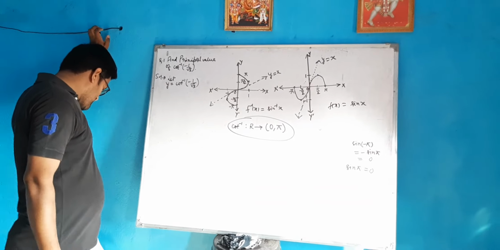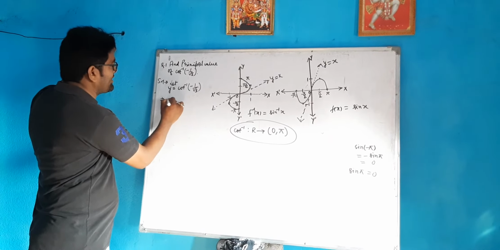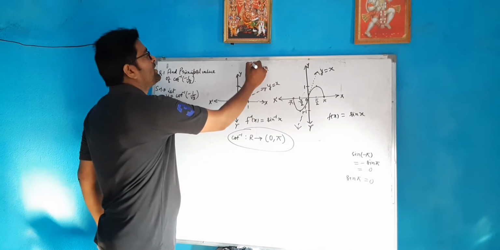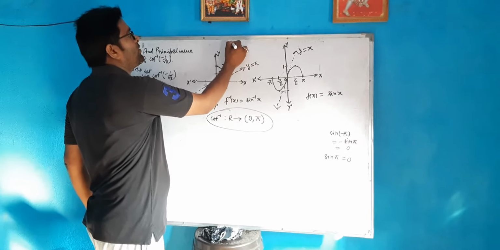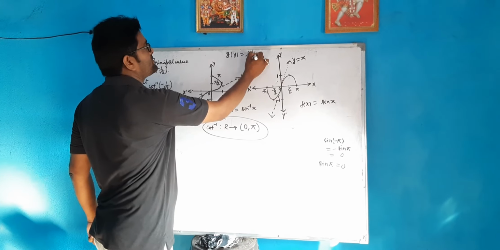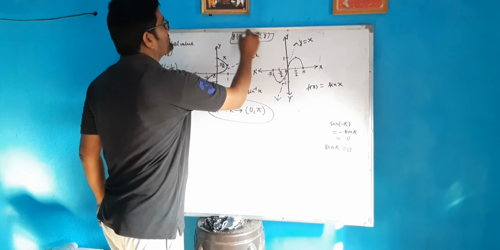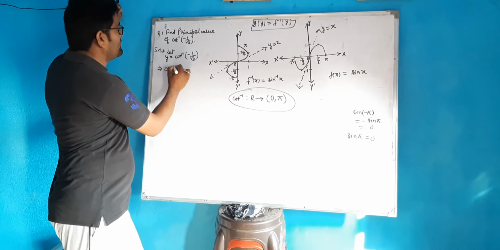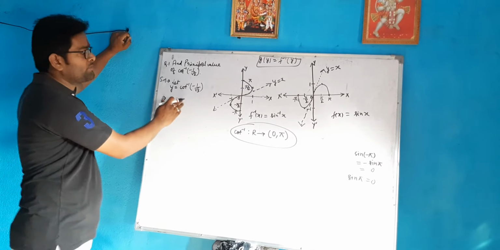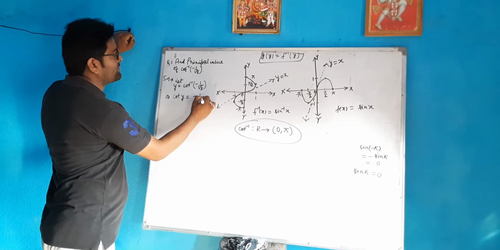Using the basic definition of inverse that I have given you, if g y is equal to f inverse y, then if y is equal to cot inverse of minus 1 by root 3, we can easily write cot y is equal to minus 1 by root 3.